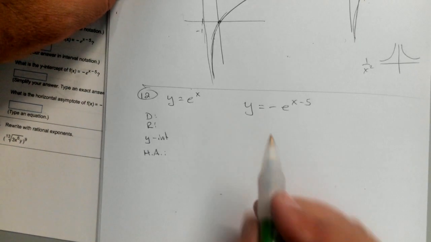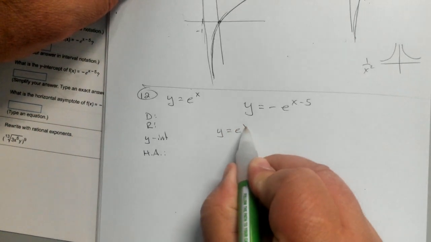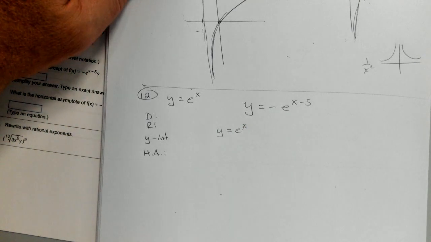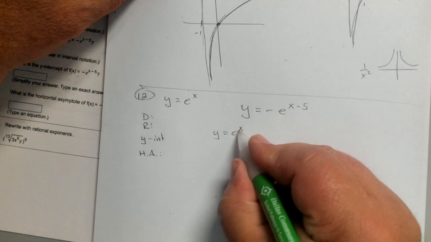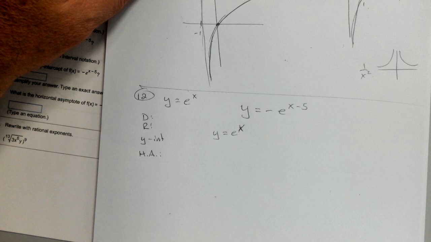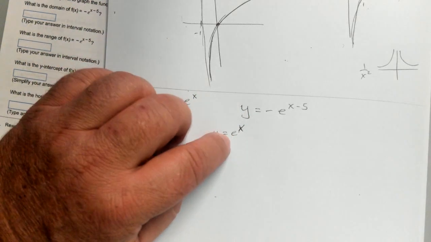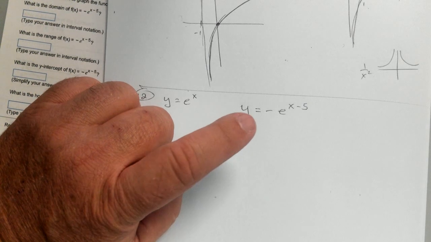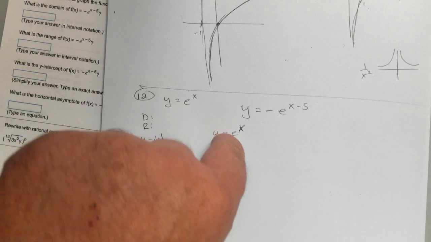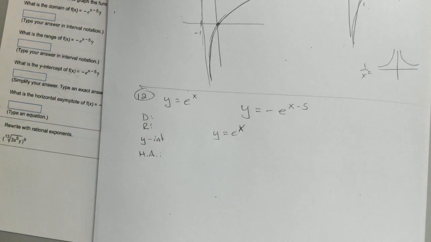So what is the basic function here? E to the power x. What does e to the power x look like? It's an exponential function, so whenever you have x on the top, can this function ever be negative? No, because the only way this function could be negative is if the base was negative. That leads to oscillating functions, which are very complex.